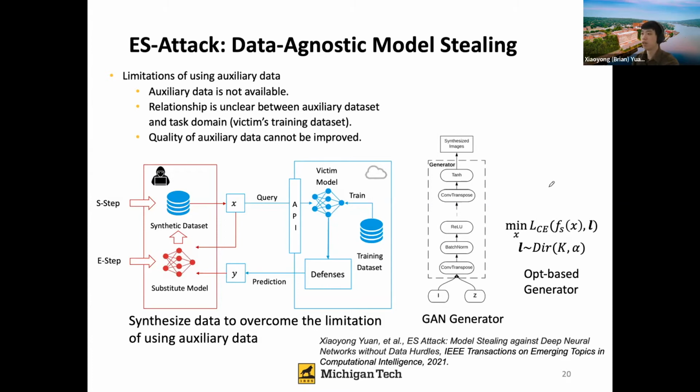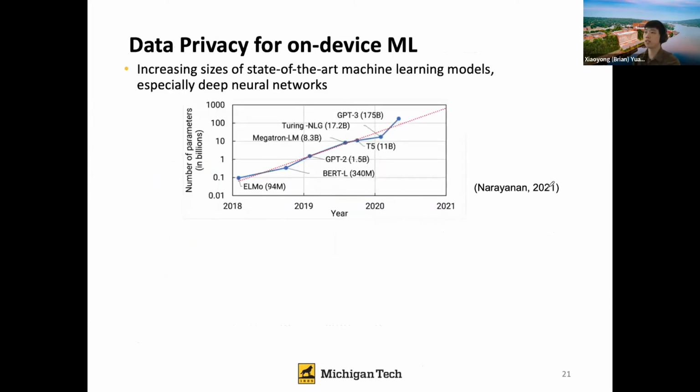Okay, so this work targets model privacy, the privacy of machine learning models. Further, let's take a look at the next work, targeting data privacy. In recent years, we have observed an increasing size of state-of-the-art machine learning models, especially complex deep neural networks.